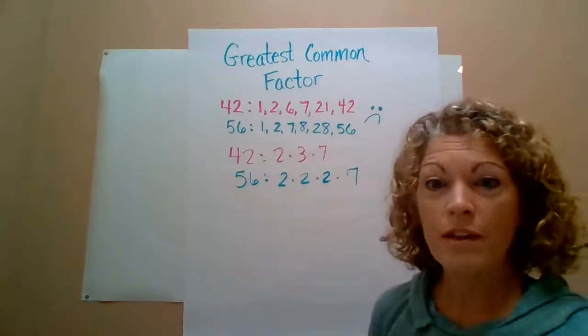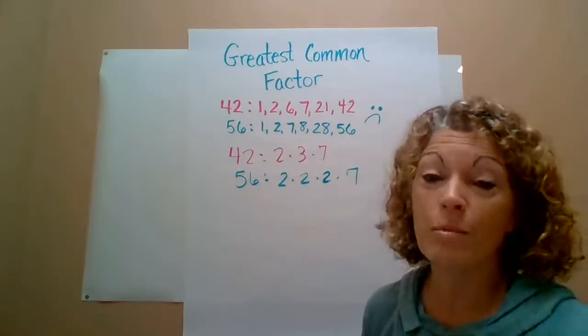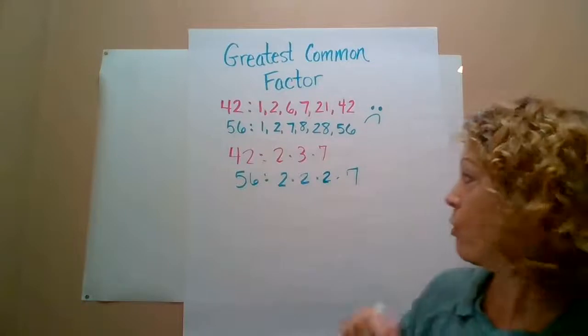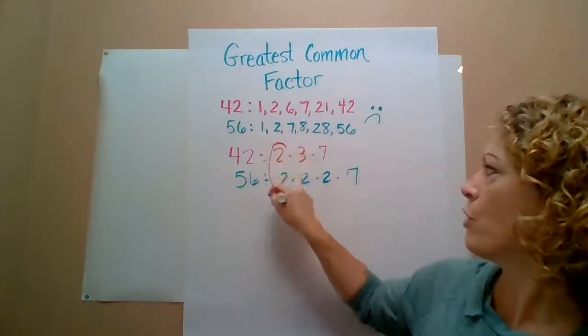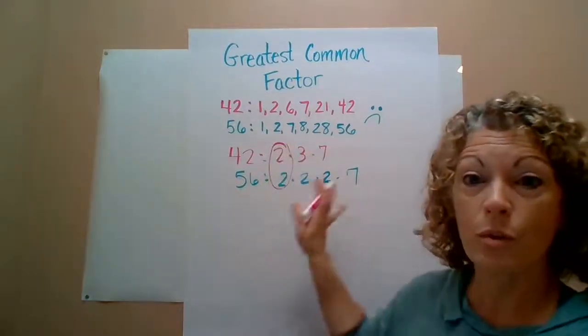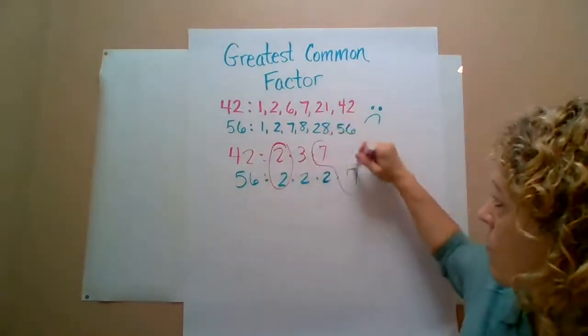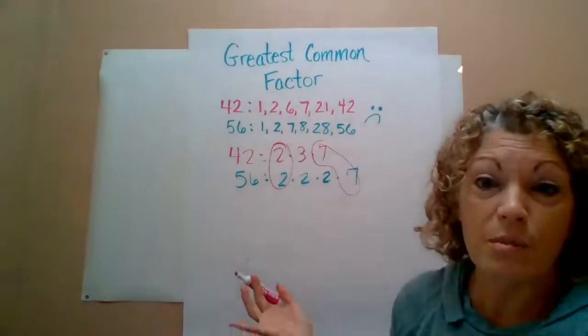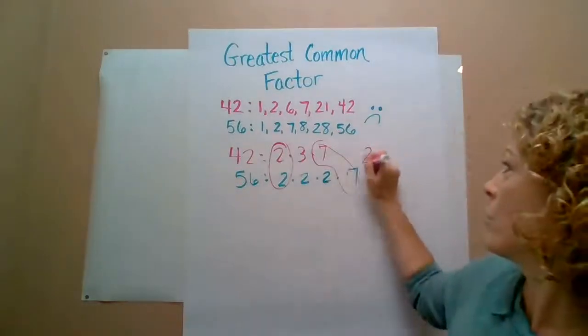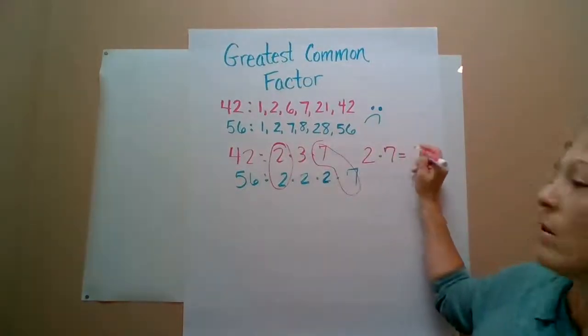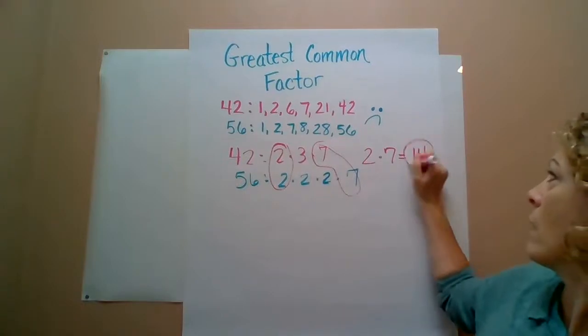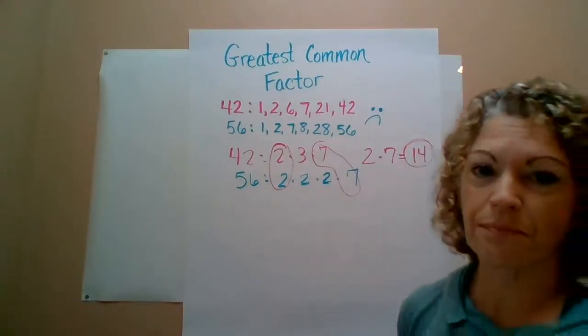All students have to do at that point is look for what these numbers have in common. They both have a 2, but only one 2, so we're not going to count the other ones. And they both have a 7. So we multiply those together: 2 times 7 is 14, and the GCF is 14.